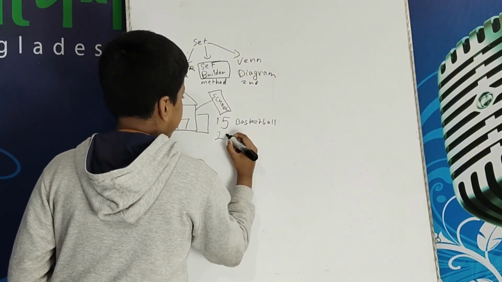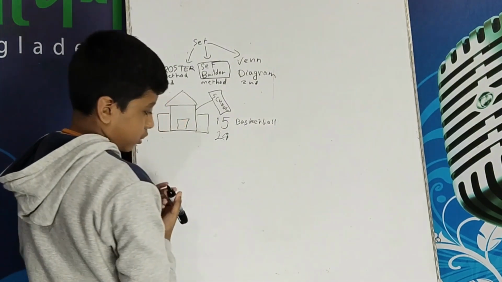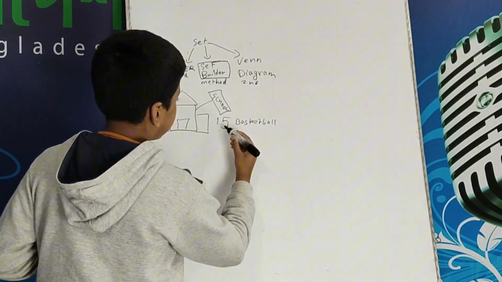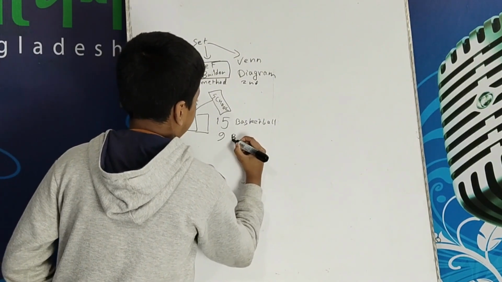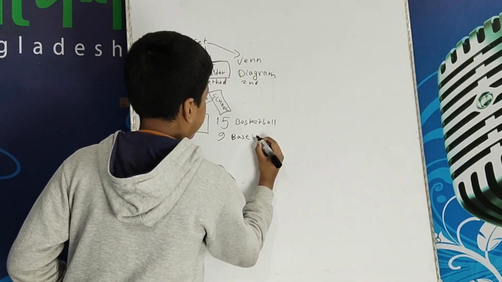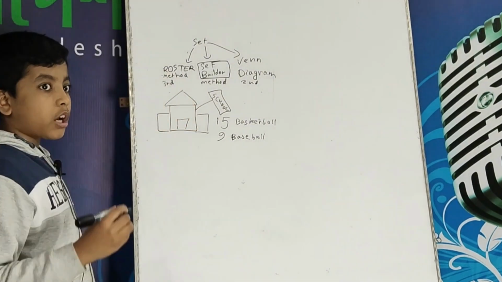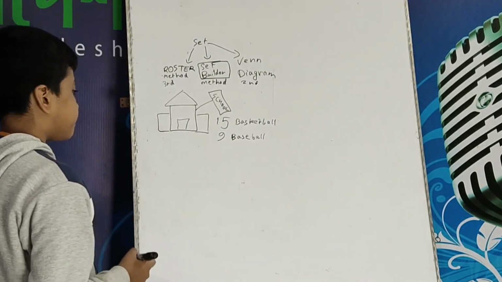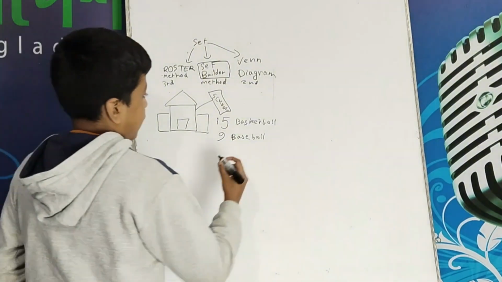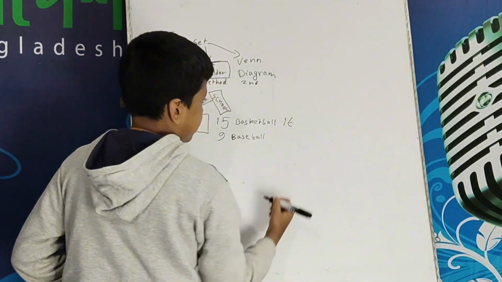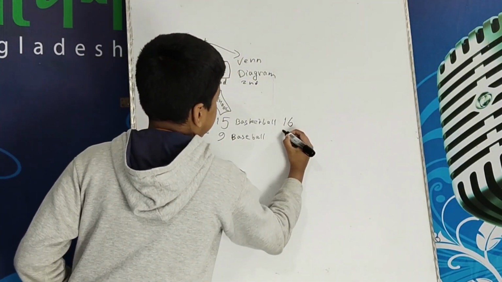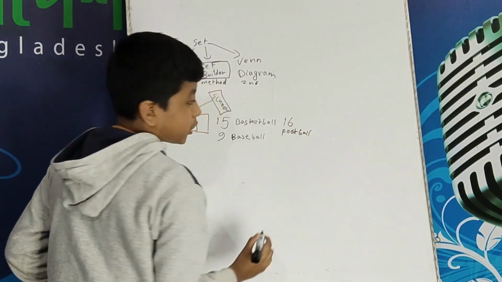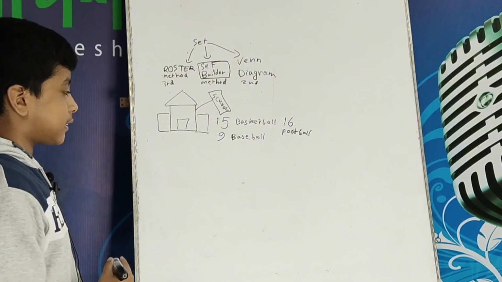Actually, let's say just 9 students who like baseball. Baseball, I'm pretty sure you maybe have not heard of it, but it is a sport. And 16 of them are interested in football. Okay, I'm pretty sure you guys have heard about that.